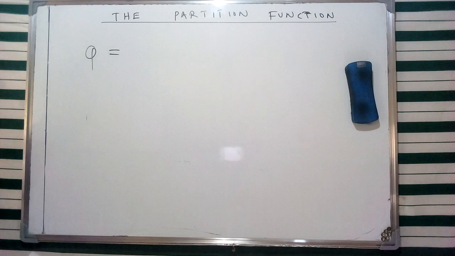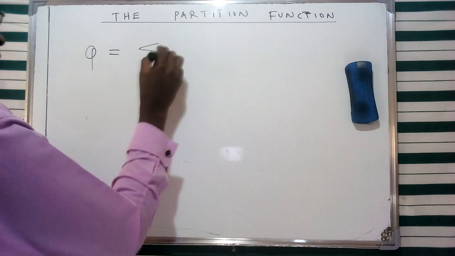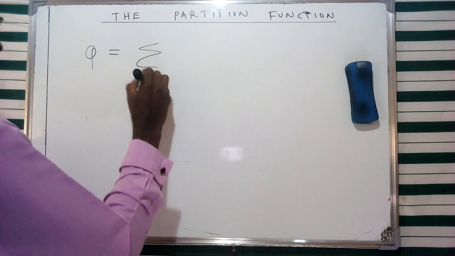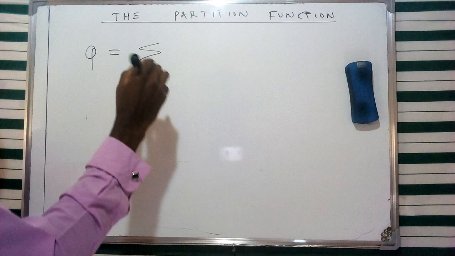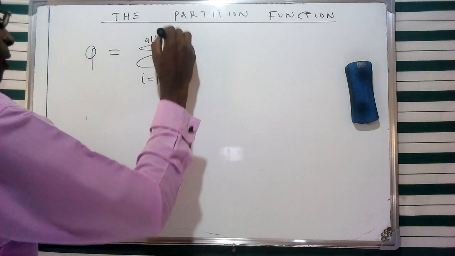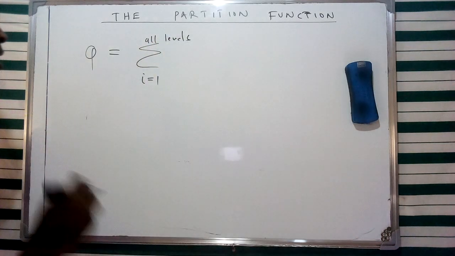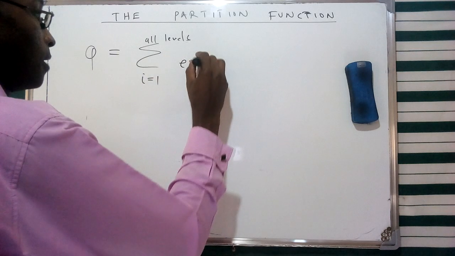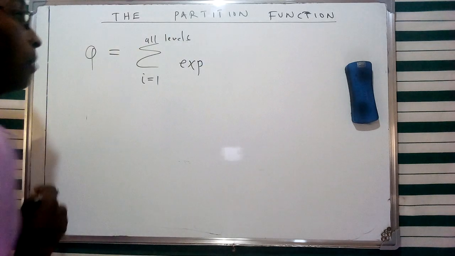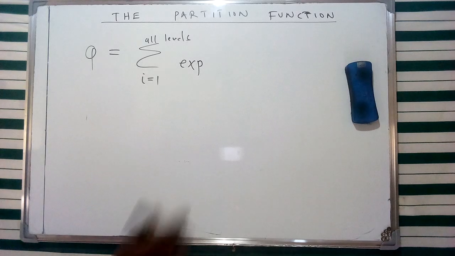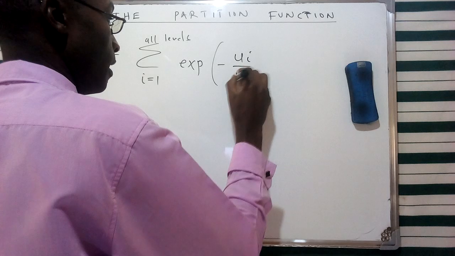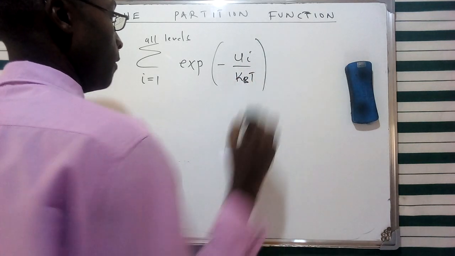This is going to be represented as the summation over all the thermally accessible energy levels at a given temperature. I'm just going to put this as all levels, and we're going to be more specific as we go ahead. And this is going to be the exponent of negative E over k_B T, given as such.